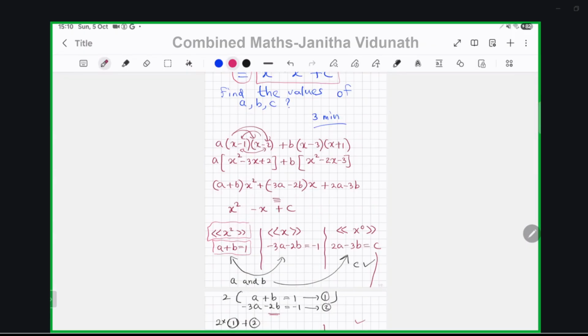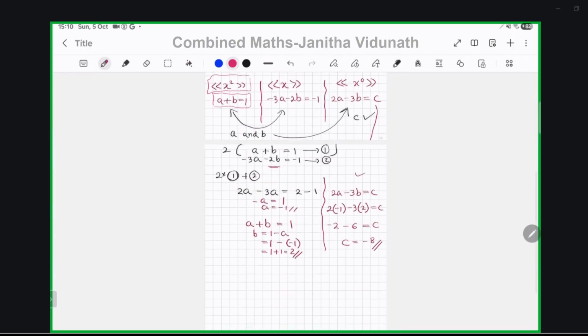Likewise, we equalized all the corresponding coefficients of both sides. Then we found the values for a, b and c.